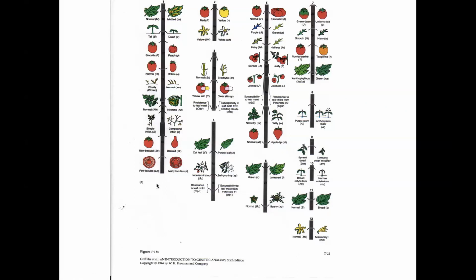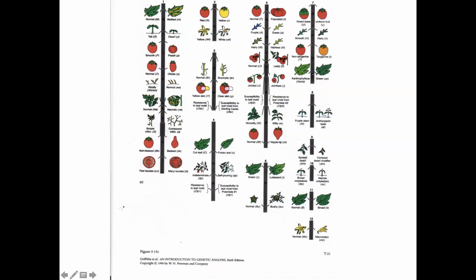And actually, the distance between them has been calculated by determining recombination frequencies. So just to give you an example, this gene here is a plant height gene. Tall versus dwarf are the allelic alternatives. That's where the gene locus for this plant height gene is on tomato chromosome 1.